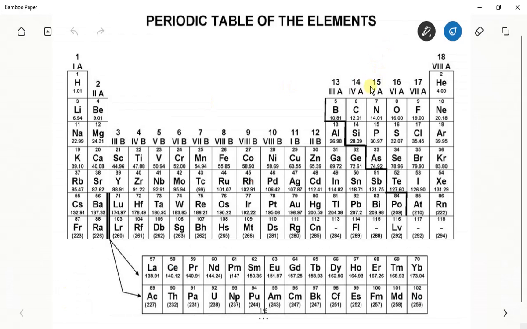So here's our periodic table, and here is our carbon right here, kind of on the right-hand side of the periodic table. Now, if you look at the bottom of that square, there's a number there, and it says 12.01. That is the atomic weight. So the atomic weight of carbon is 12.01.